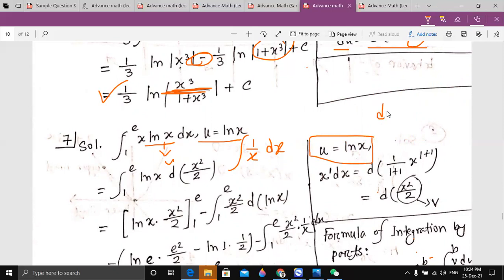That means du is equal to d of ln x. So d of ln x will be 1 by x, right? The ln x derivative is 1 by x, that is du.